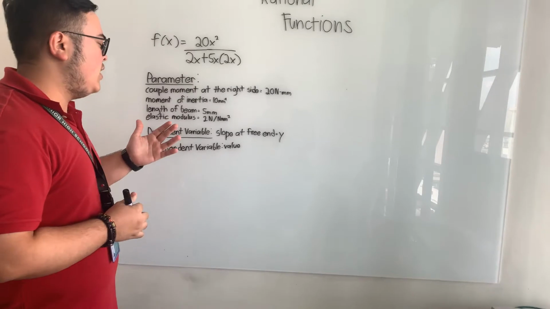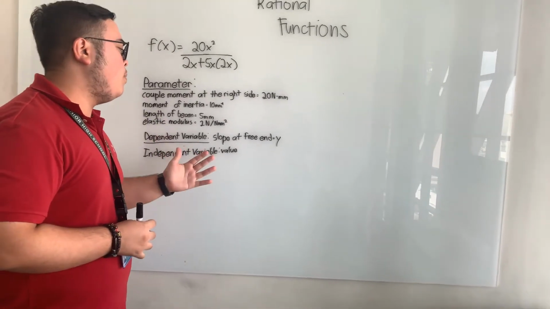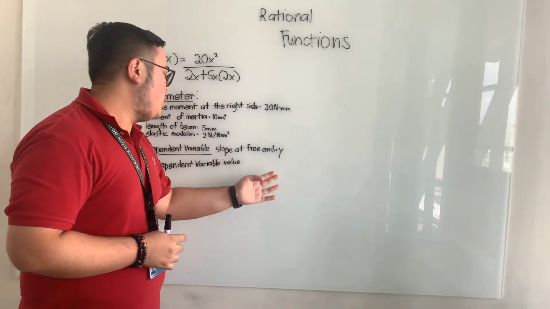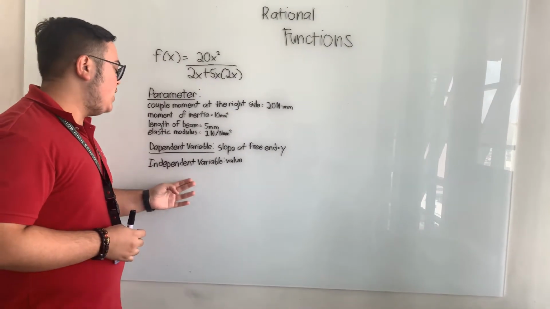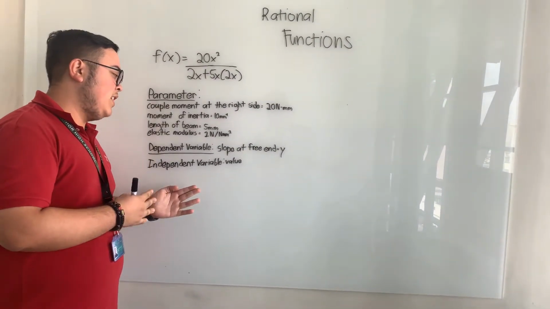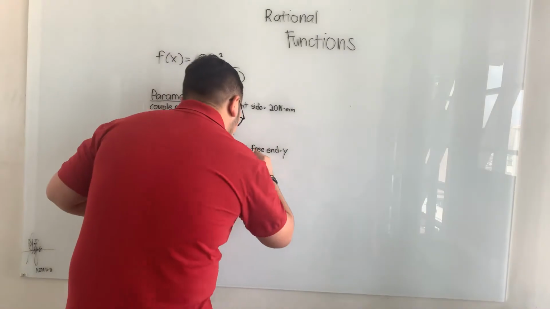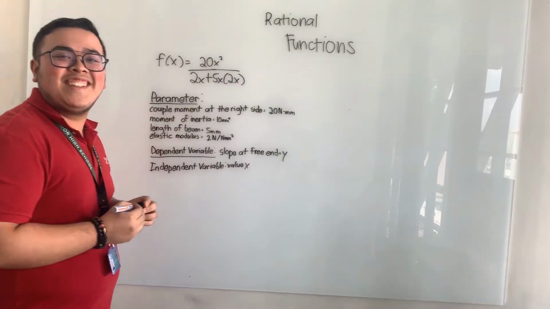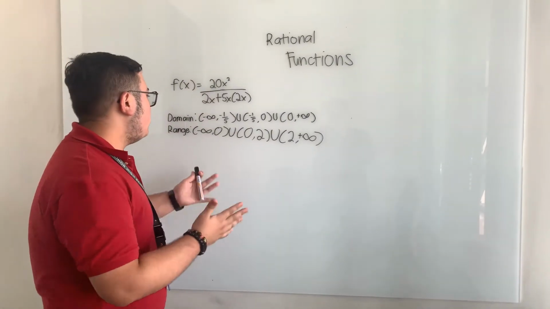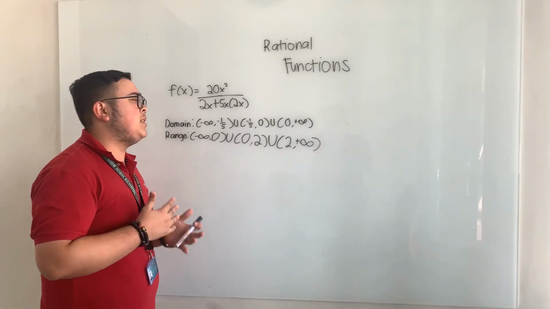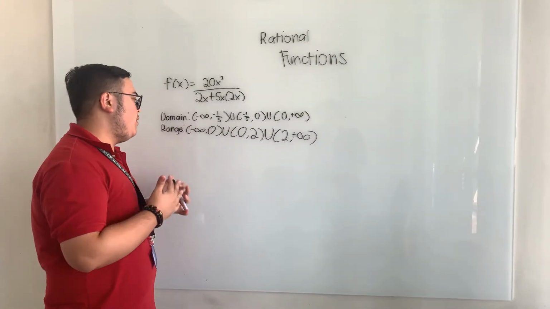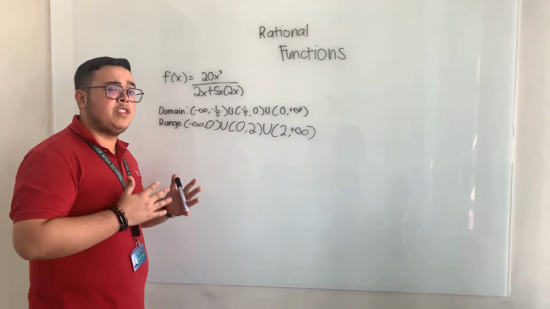Now the dependent variable is the slope at free end, which is equal to y, and the independent variable is the value of x. Now, the domain of this function is all reals except -1/5 and 0, while the range is all reals except 0 and 2.